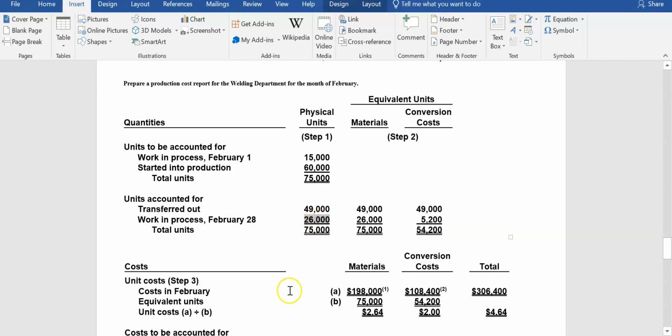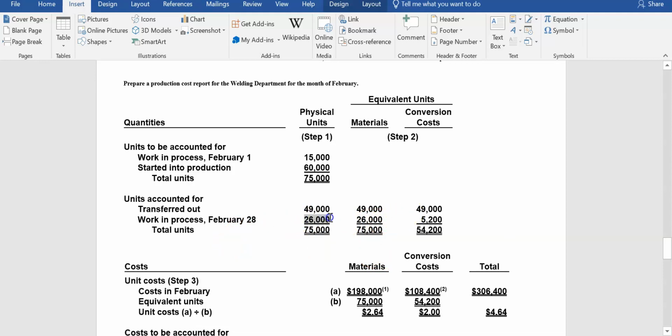For the work in process that was still on hand at the end of the month, 26,000 units. All materials were added at the beginning, so we know 26,000 times 100% complete, 26,000 equivalent units.